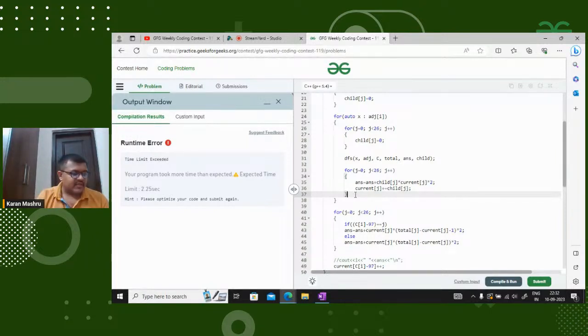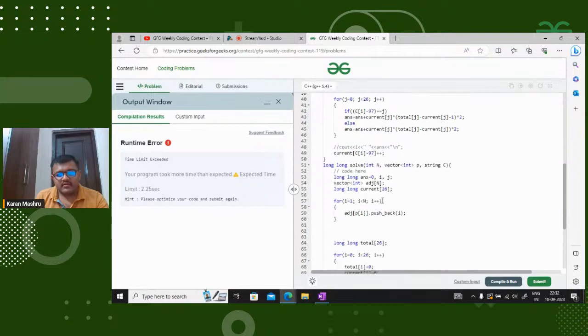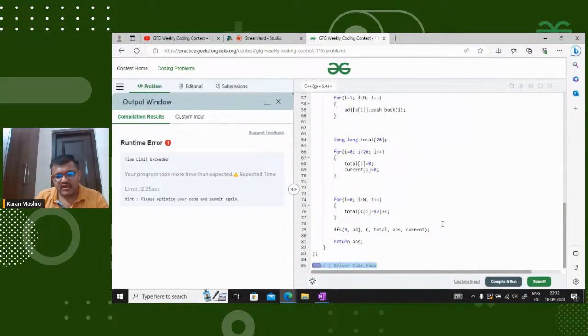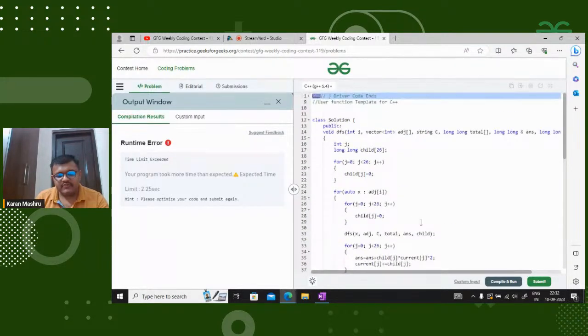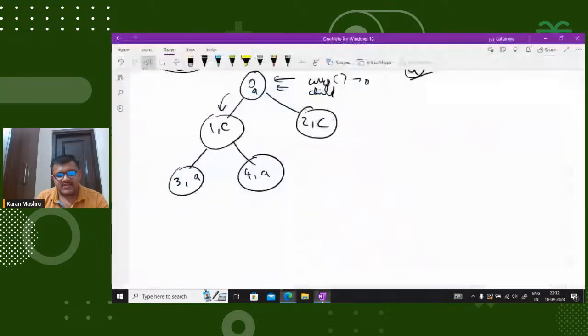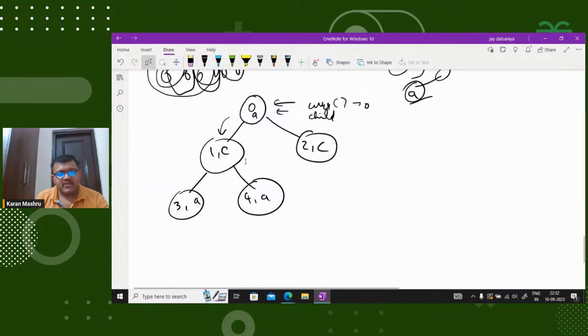I'll talk with the management, and if possible, I'll upload a separate video on that, because here we are not able to code it efficiently. The concept is the same, like one after another we can consider every element as the center element, but there might be a different approach where the coding part would be more optimized.